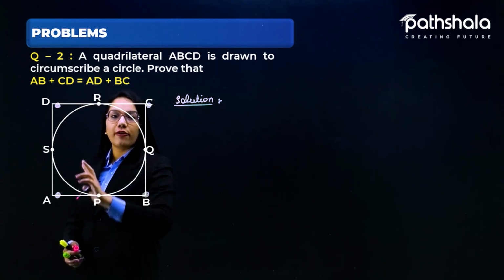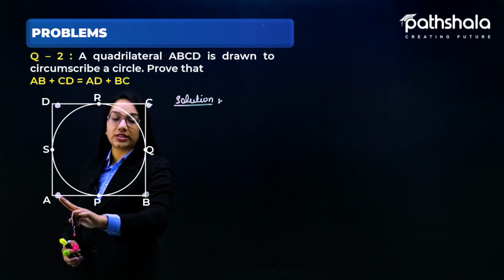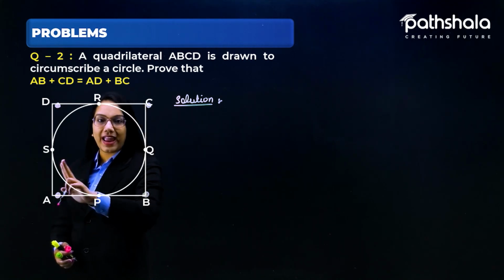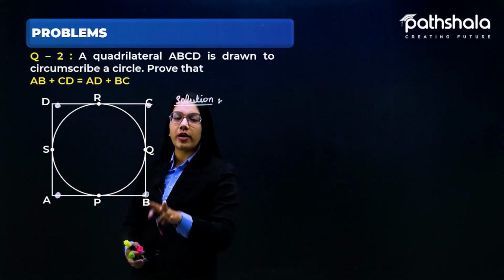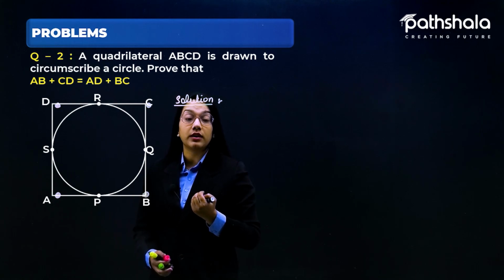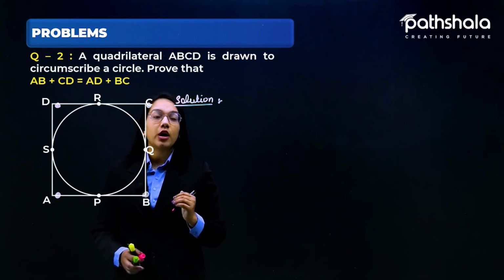Furthermore, from the external point A, we have drawn the two tangents AS and AP. Similarly from B, and similarly with C.